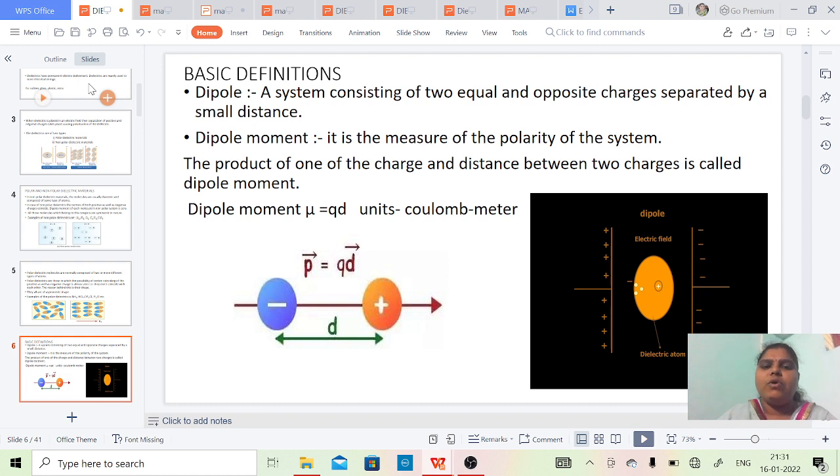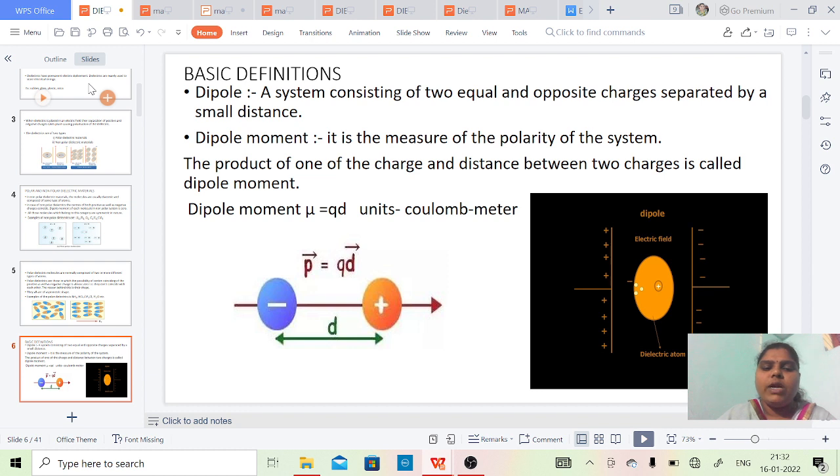The product of one of the charges and the distance between the two charges is called the dipole moment.